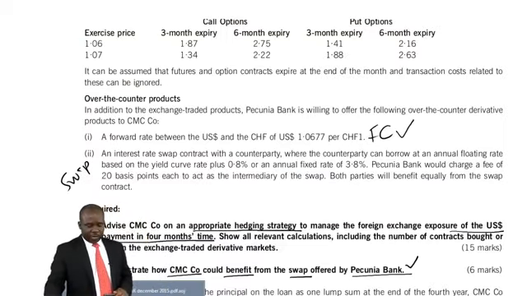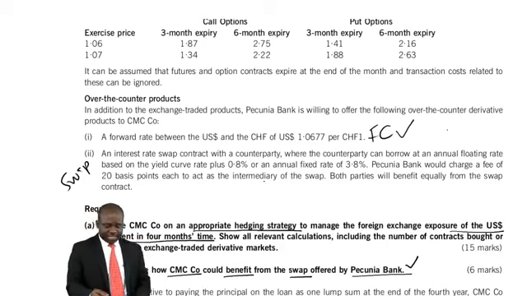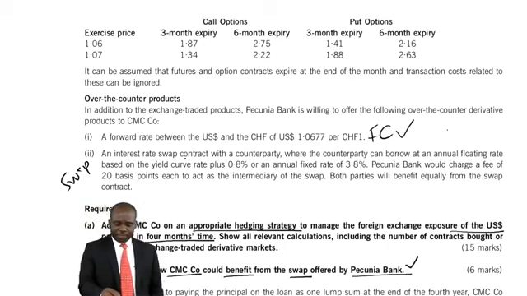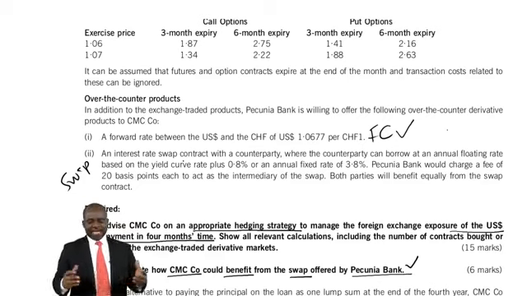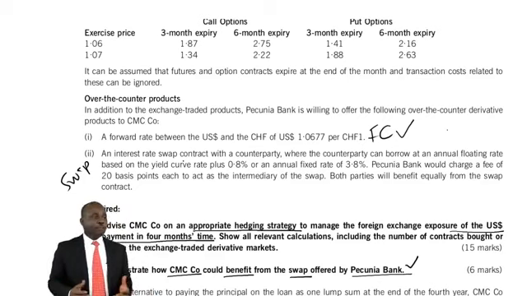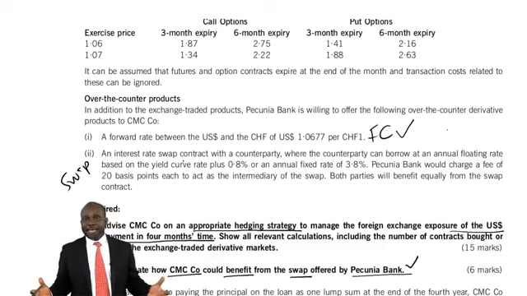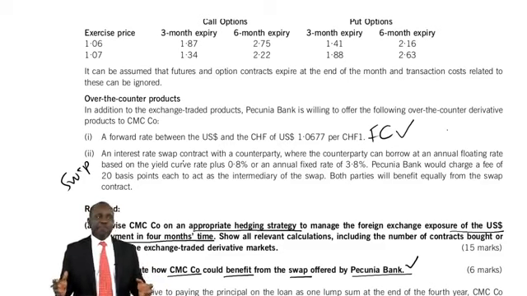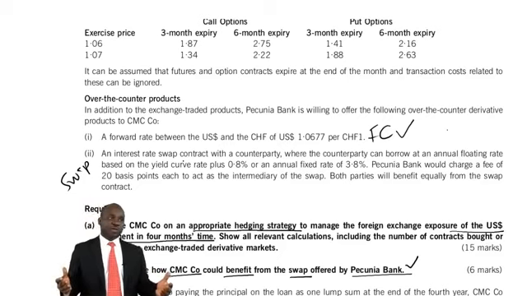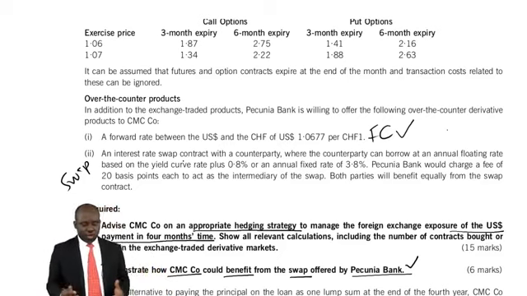When we come to the question, the forward contract is given here. A forward rate between the US dollar and the CHF of 1.0677. He didn't give the bid, he didn't give the offer, he just gave only one rate. So you simply have to pick that rate and you go ahead.